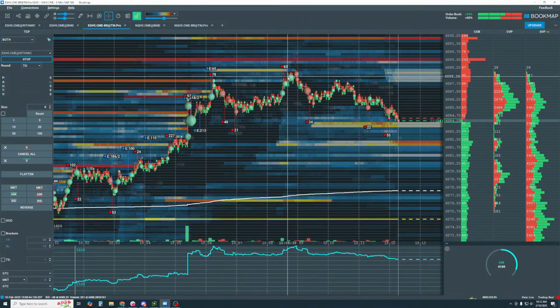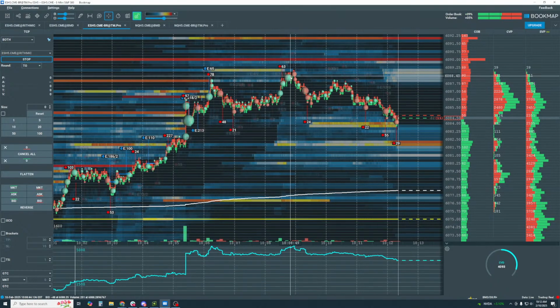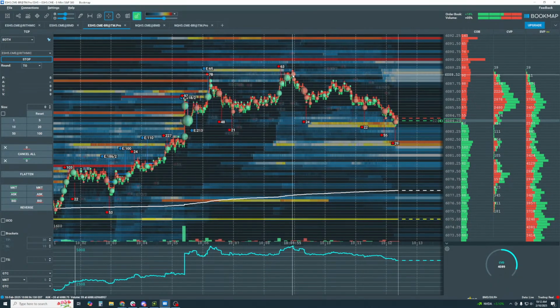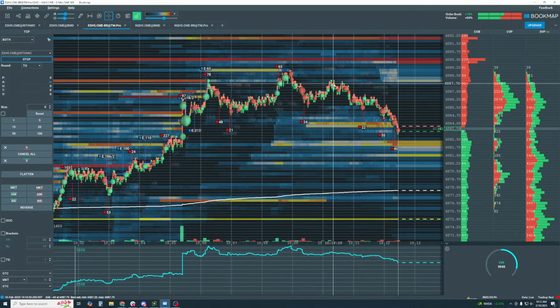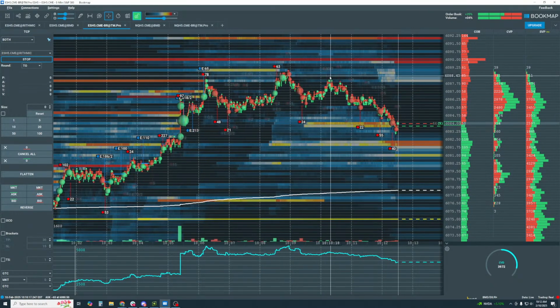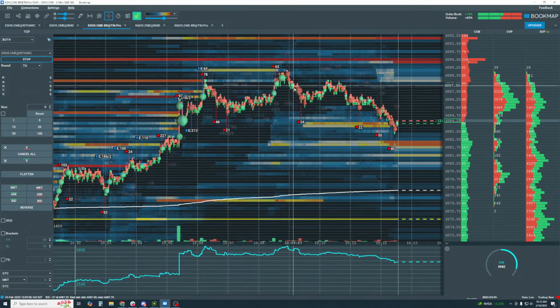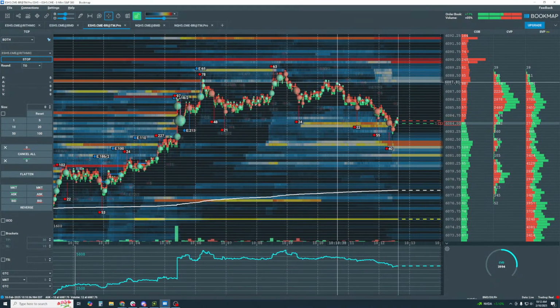So are we finding buyers up in these areas up here? Well, here yes, and then up here no, and then here no. Right, so now you can see this is more like exhaustion in here. You see the sellers come in, and we're just not finding buyers at the higher areas here.